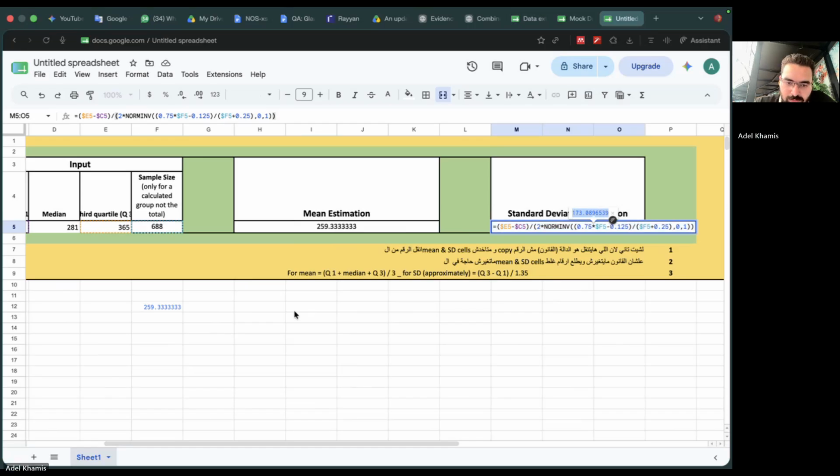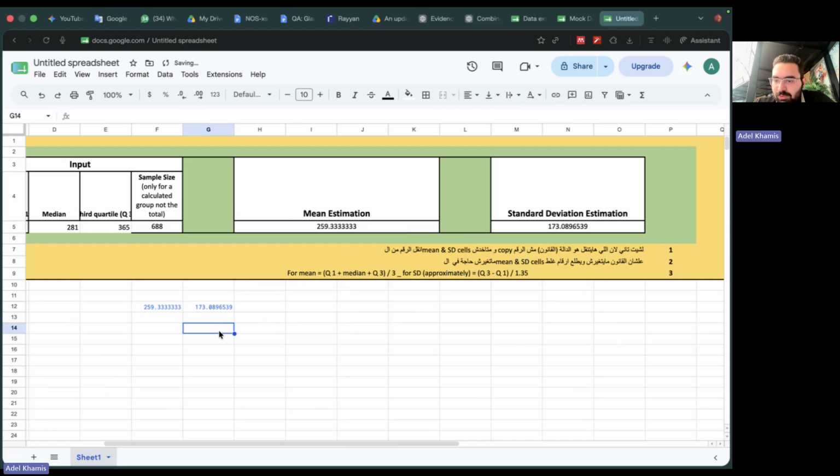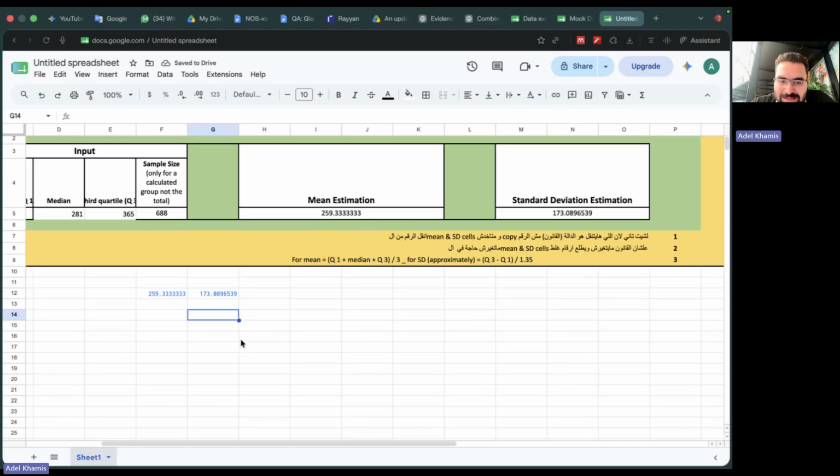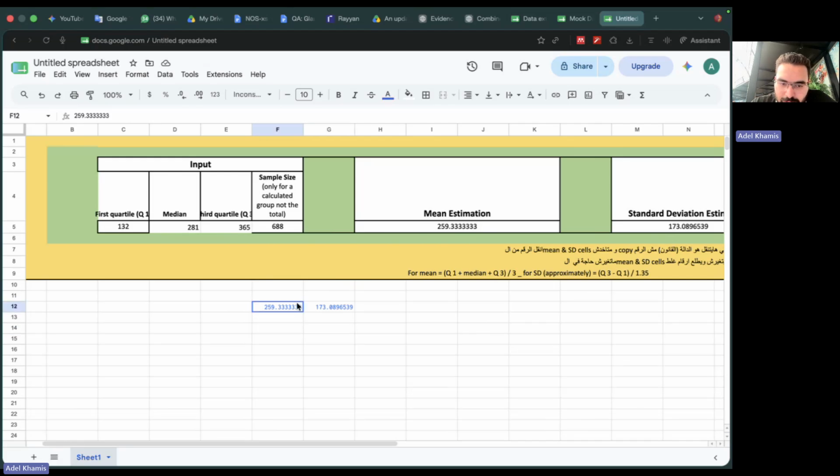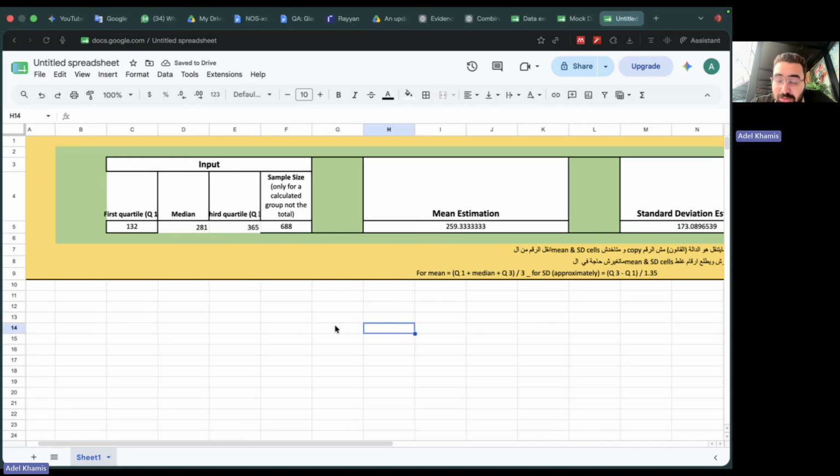So it is easy, it is simple. Actually, that's it about the data conversion that you need to know for working on systematic review and meta-analysis.